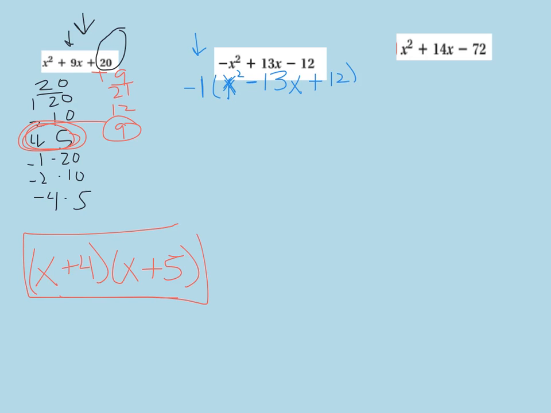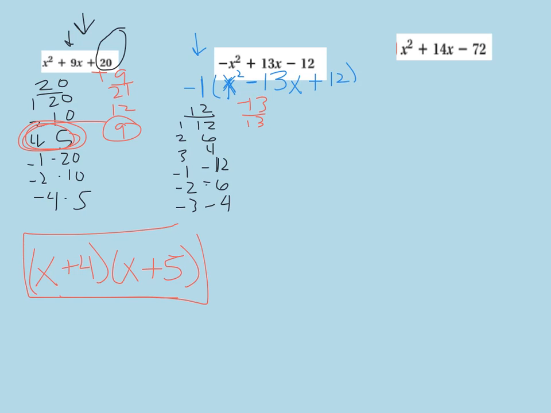Now I'm looking for factors of 12, so two numbers that multiply to get 12. Here are all my factors of 12. Again, I have two positives or two negatives, because either way, I would get a positive 12. So now I want to figure out which one of these add together to get a negative 13. So this could be a positive 13.